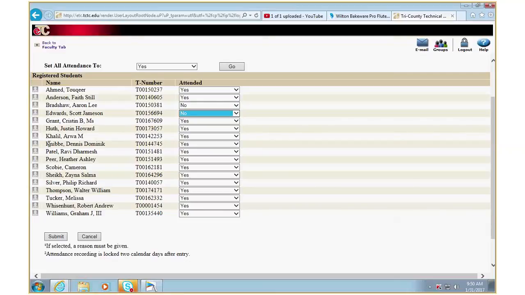Nabay is here. Patel is here. Peer is here through Skype. Scobie is here. Sheik is here. Silver is here. Thompson is here through Skype. Tucker wasn't able to make it today. Quisenhunt is here through Skype. And Williams is here through Skype. Did I miss anybody? Only people missing are Tucker, who texted me, Edwards, and Bradshaw.